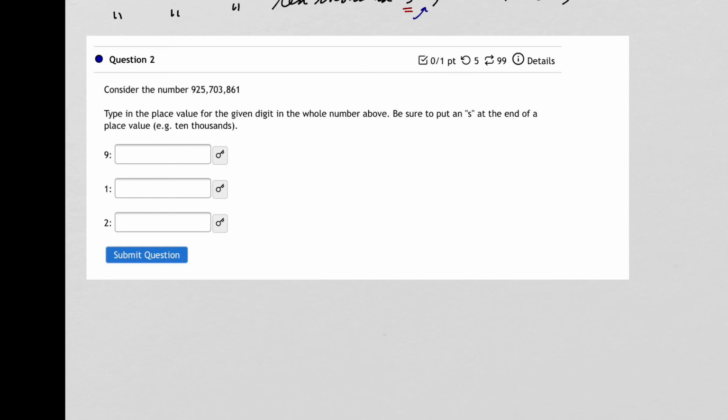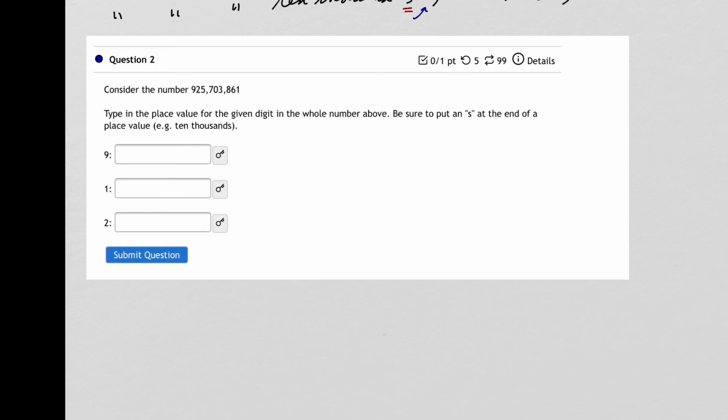So this question says, consider the number 925,703,861. Type in the place value for the given digit in the whole number above. Be sure to put an S at the end of the place value.